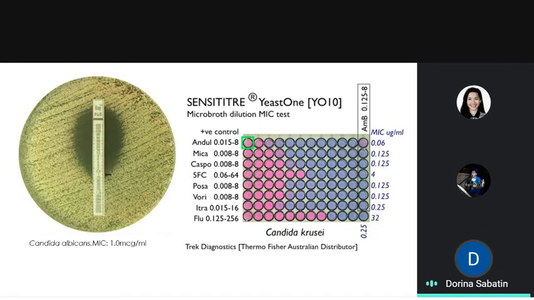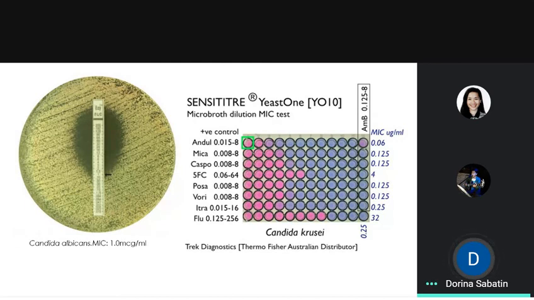So, we're down to the last slide. This is the E-test, if you remember it from our bacteriology. The arrow points to where the edges meet, and you check the value there, where it intersects, and that is the MIC. Here, it's blurred and I can't see it well, but it says for Candida albicans the MIC is 1 mcg per ml.